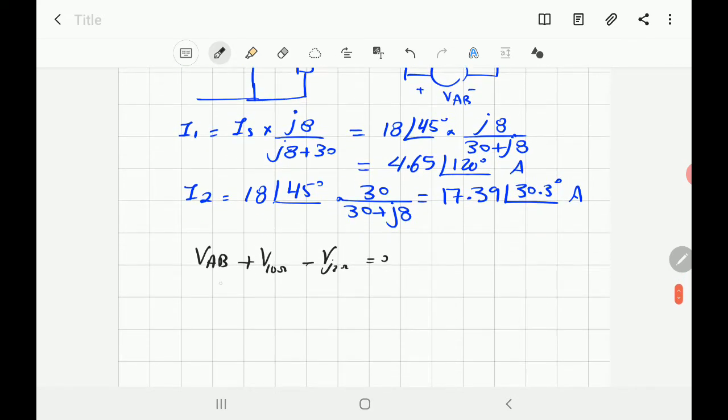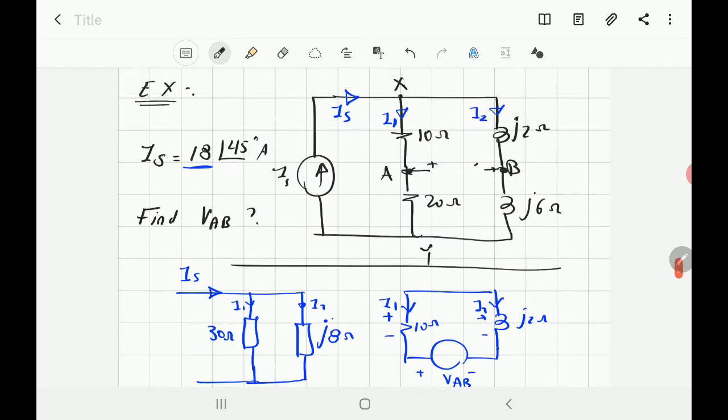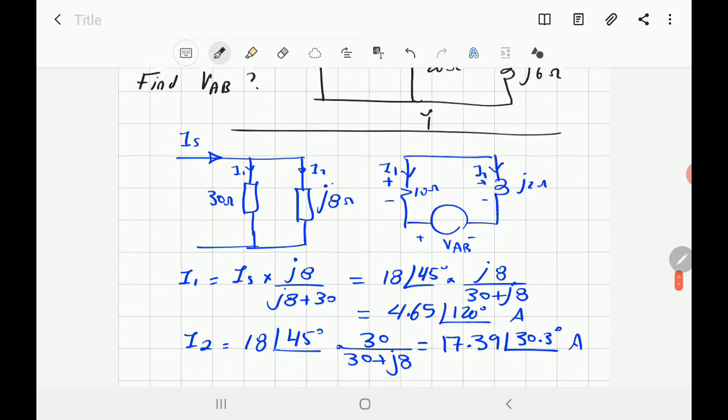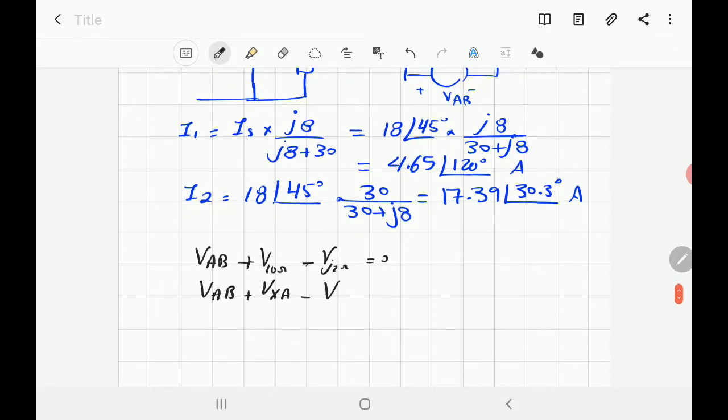So let's just write VAB, and that's called XA, I'm sorry, minus the voltage across J2 ohm, XB, equals 0. So what's VAB? VAB, the required one, will be equal to VXB minus VXA.